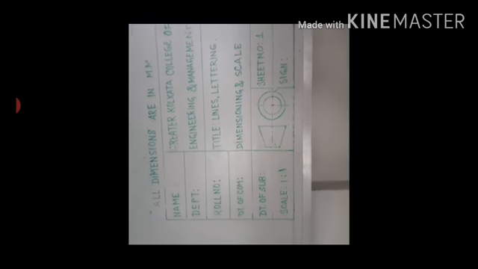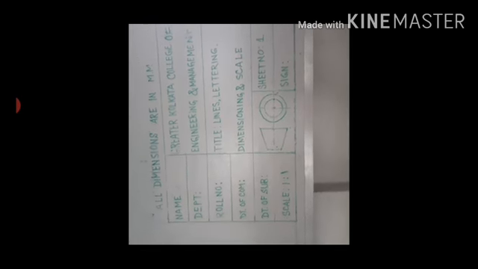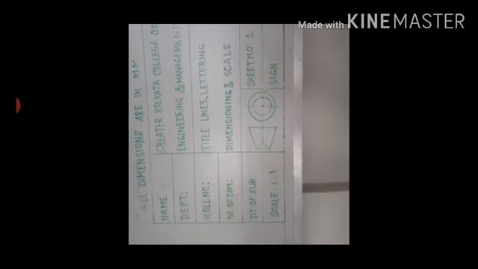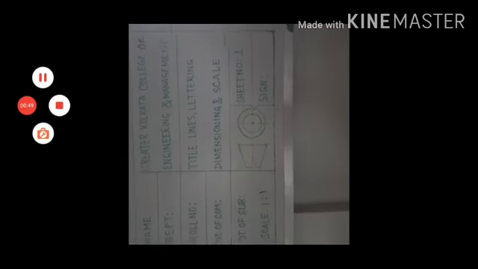First write your name, your department, mechanical engineering, your class roll number, date of commencement, date of submission, and scale 1:1. 1:1 means the length of the drawing and the length of the actual object are the same.